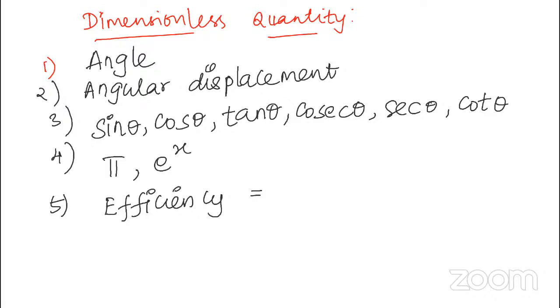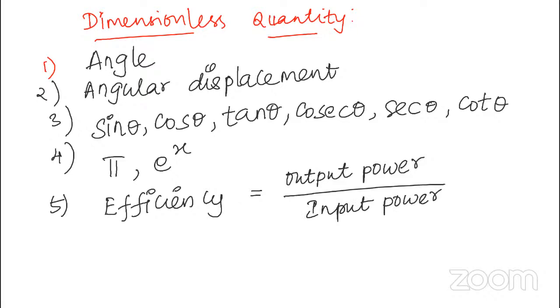Put it in the comment box, children. Efficiency is nothing but output power by input power. Okay, very good.